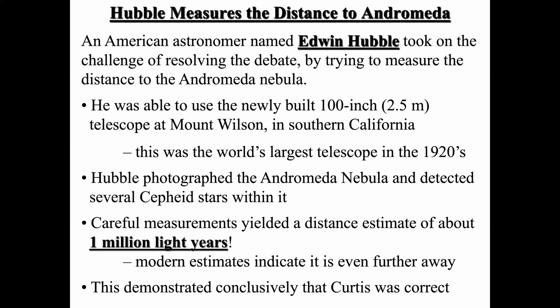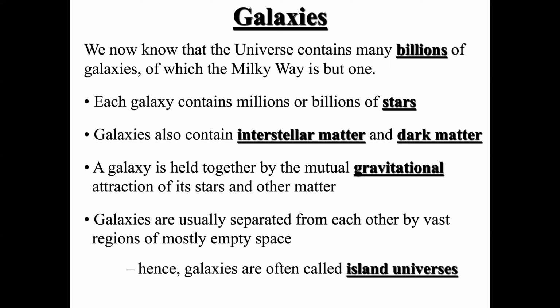Now, 1 million light years is such a far distance compared to the distances that we measure within our Milky Way, and because of that, it was found that the people who used to say that these nebulas are a different entity than our Milky Way seem to be correct. And this was the first time that we confirmed that there are other galaxies in the universe, right? By measuring the distance to the nearby galaxies, right?